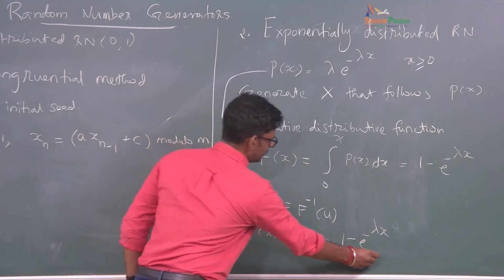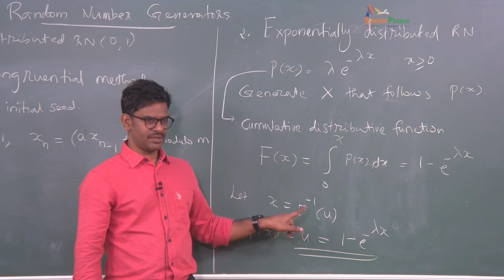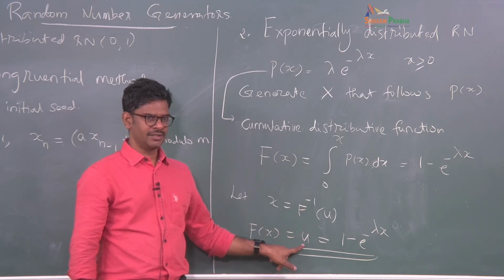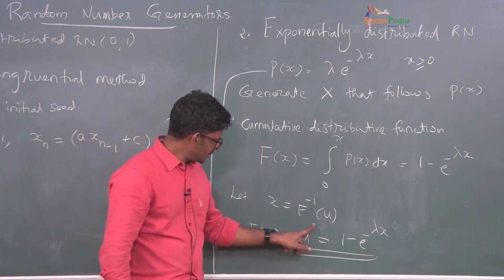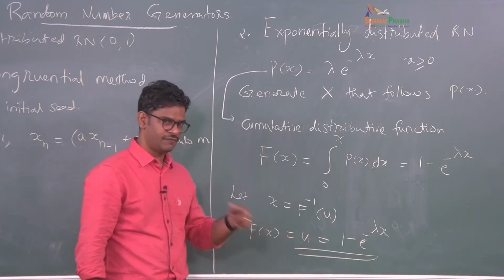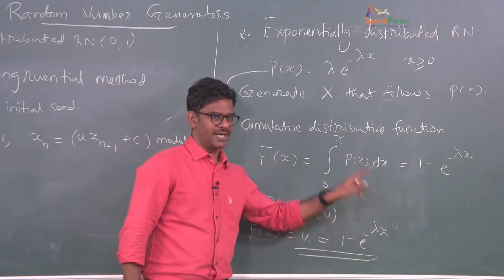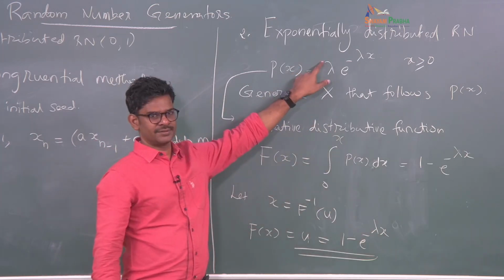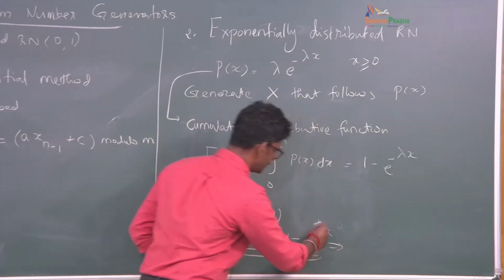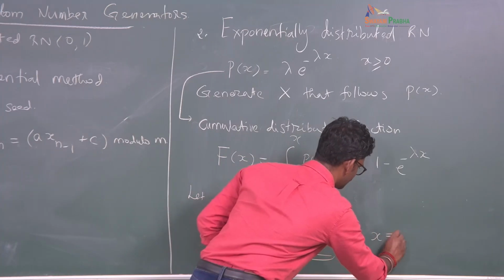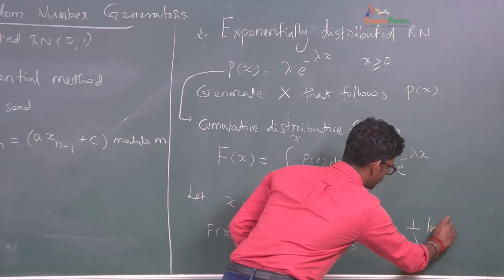So from here what we are saying is, you can generate a uniformly distributed random number from 0 to 1, because the cumulative function goes from 0 to 1 continuously, and once I have this number generated from the previous example, I can solve for x, and that x would be distributed as per this. This is called the inversion method. So I'm going to invert this function. So I'll get x is equal to minus 1 by lambda ln of 1 minus u.